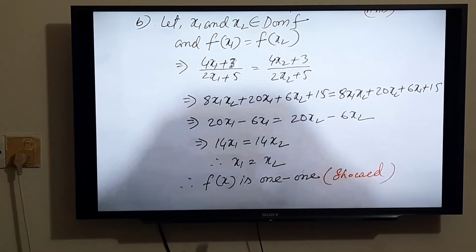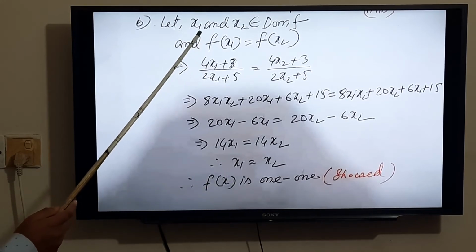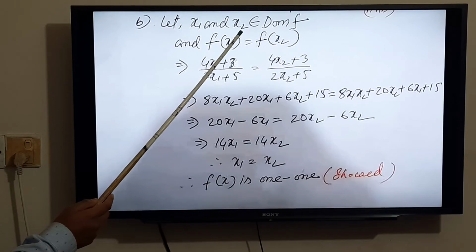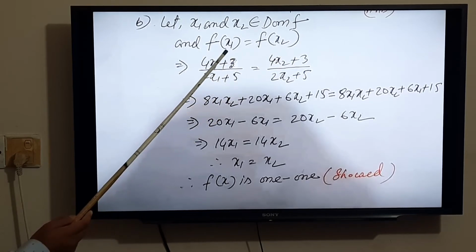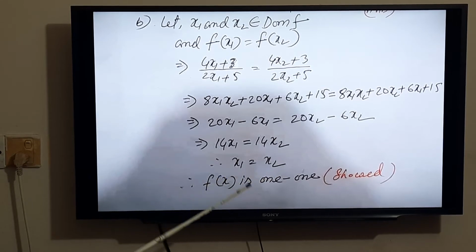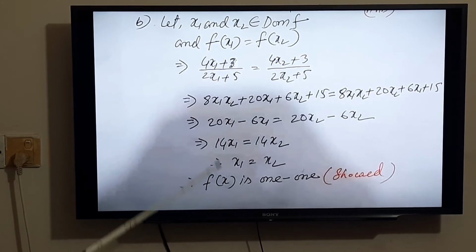At first you have to suppose two elements of the domain and find the range. If the range values are equal, then the domain values will also be equal. This is the condition for 1-1. I think this is the same procedure as the previous one. The calculation is also the same, so I think there is no need to discuss. It is an easy calculation. Then this is 1-1.